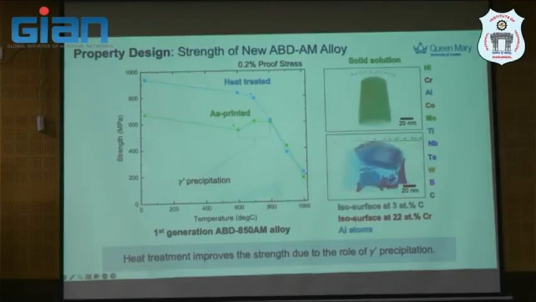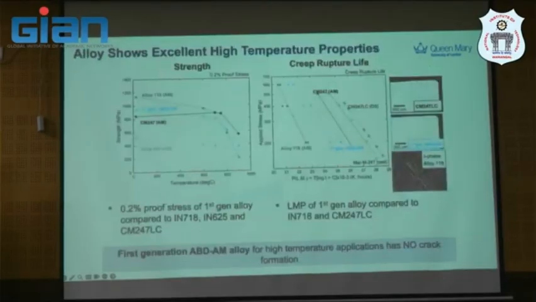This is the typical shape of nickel-based superalloy stress at high temperature, but it's recovered due to gamma prime precipitation. And this maps back to the very first slide. The strength and creep property has been improved and is quite close to CM247 in AM, but still not quite matched to 718 yet.